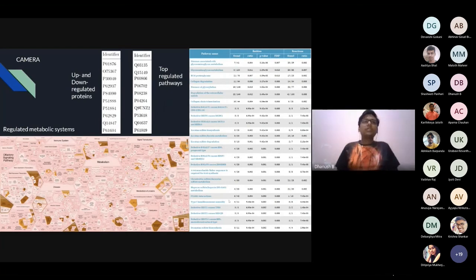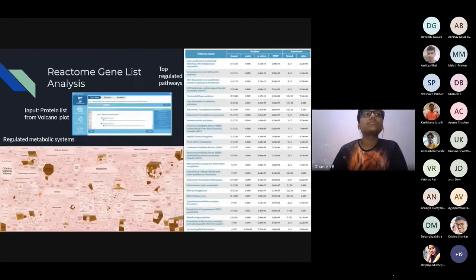Among these pathways, collagen degradation, keratan sulfate biosynthesis, and heparan sulfate metabolism were of importance. Then Reactome gene list analysis was done on the significantly upregulated and downregulated proteins in the volcano plot.